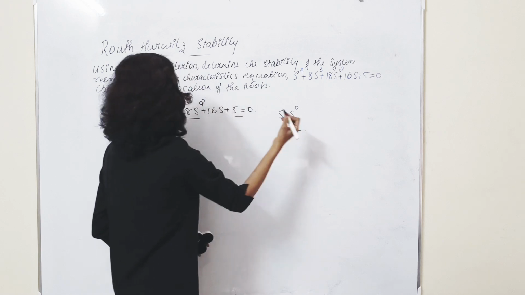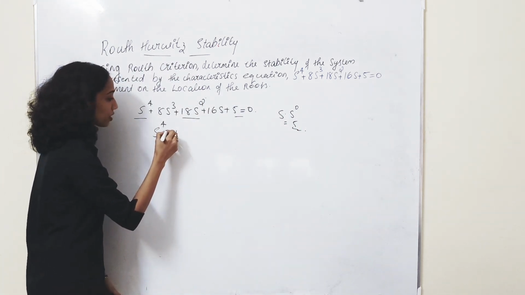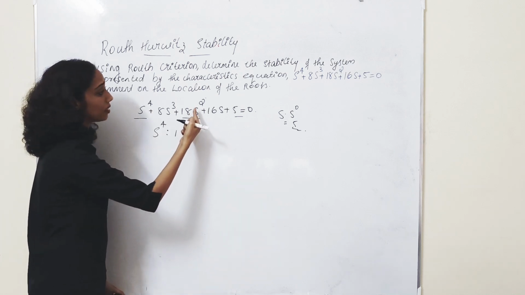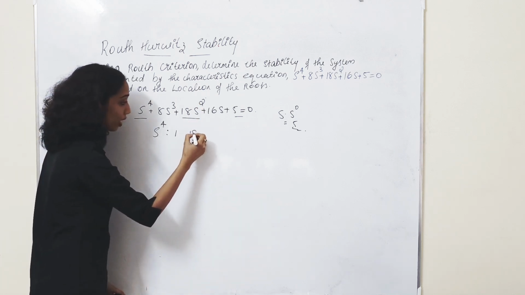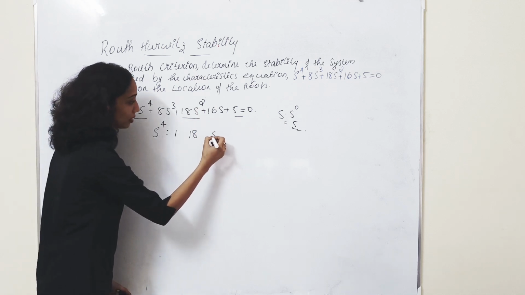So the coefficient of s raised to 4 is 1. Then the next even number is 18 s square, so you have to write the coefficient of s square as 18 here.